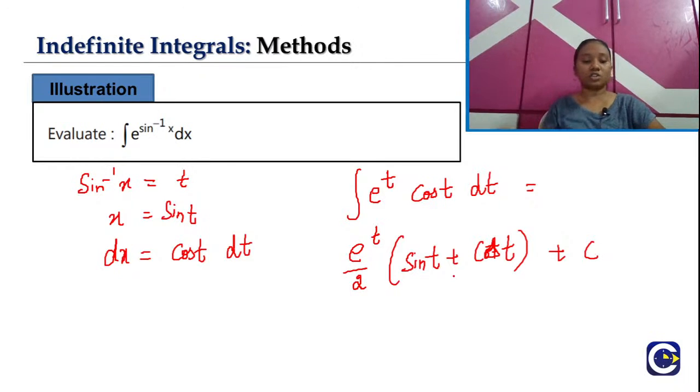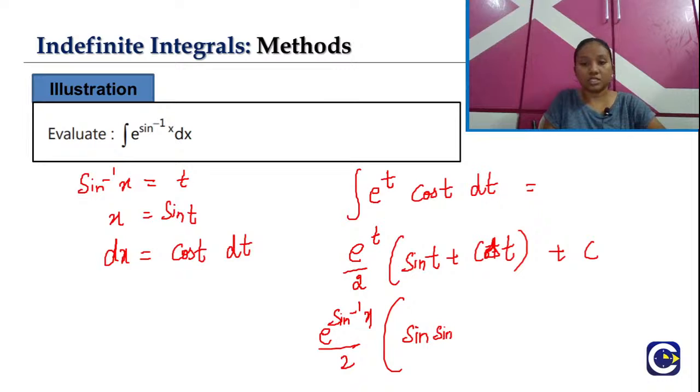Now in place of t, what do we have to substitute? We have to substitute sin inverse x. So e power sin inverse x by 2, and here sin of sin inverse x will become x, and here cos of sin inverse x we can reduce.